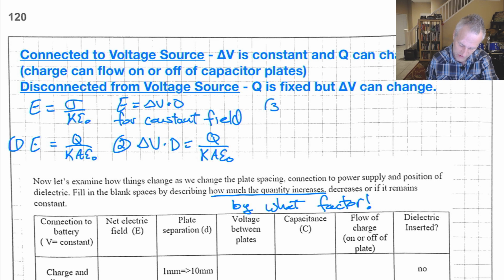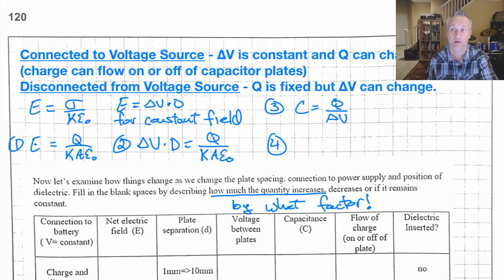Equation number 3 is just going to be the definition of capacitance. C equals Q over delta V. But remember, capacitance is a property of the physical characteristics of the capacitor, the dimensions. And spherical, cylindrical, and parallel plate capacitors all behave a little different.